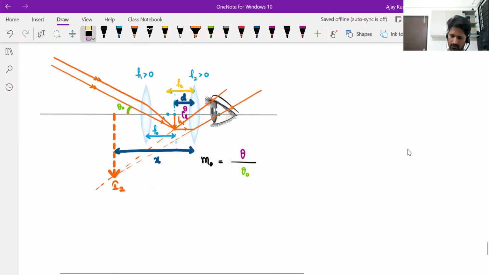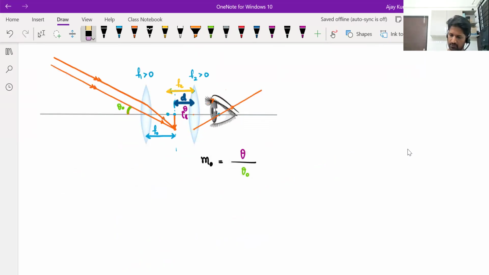Let me erase all the unnecessary things. Just a moment. The first image forms at the focus of the objective. Let it be. From there onwards, we'll be making some adjustments, some changes. Okay, observer will introduce later.